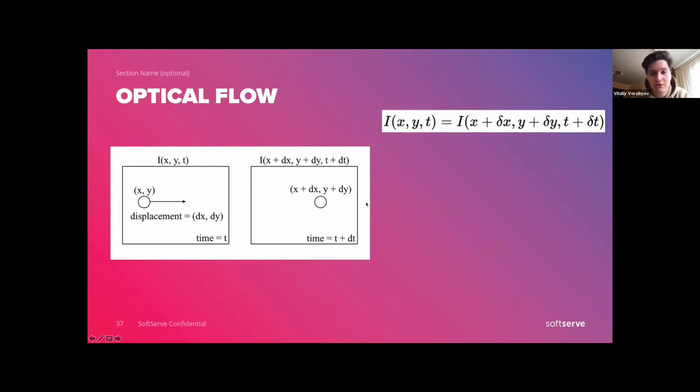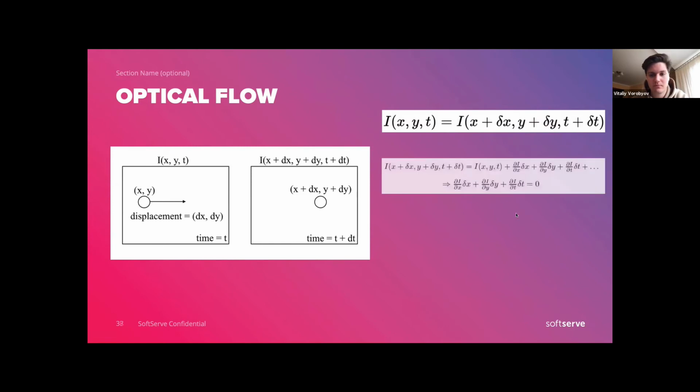So first we need to assume that pixel intensities of an object are constant between consecutive frames. So our actual pixel intensity on this position and on this position before movement should be the same. Second, we need to take the Taylor series approximation of the right-hand side of our equation and remove common terms in order to simplify this to this condition.